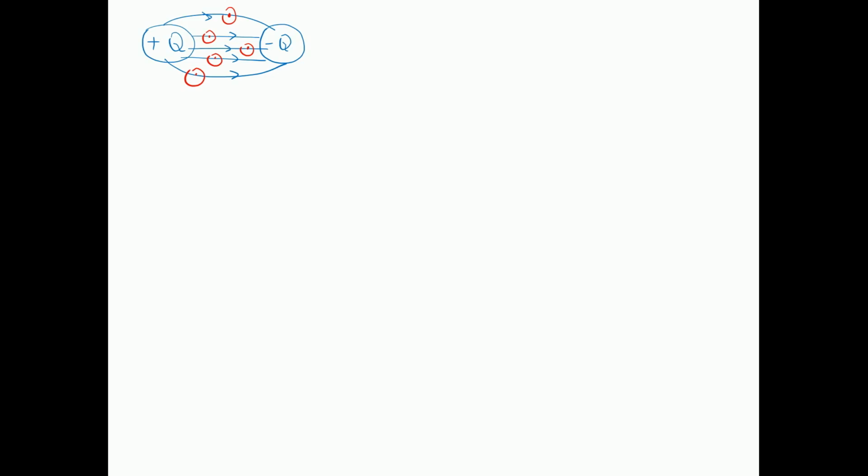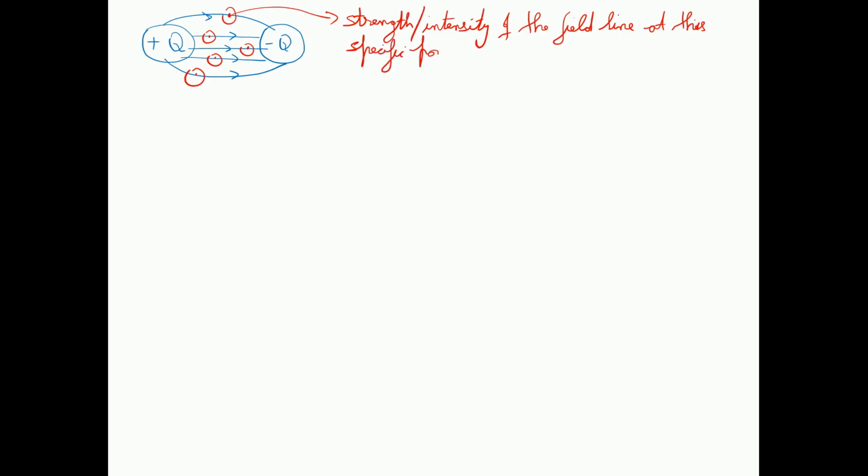So electric field intensity will be what? For example, if I want to find the strength or intensity of the field line, or the electric field line to be precise, at this specific point, then this phenomenon will be the electric field intensity.